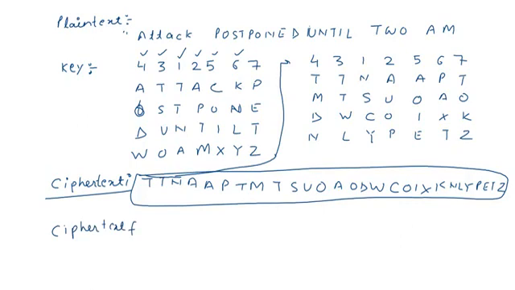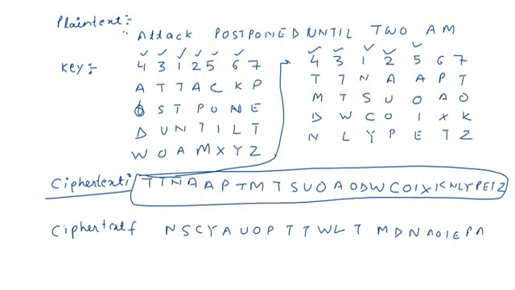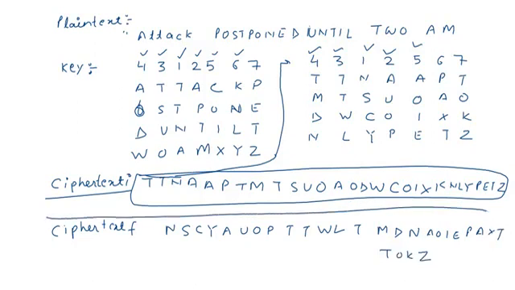Now we will read it column wise, starting from the first column. So it will be N S C Y A U O P. Now we will read the third column, T T W L. Then we go to the fourth column, T M D N. Then the fifth one, A O I E. Then the sixth one, P A X T, and then the last one, T O K Z. So this is how we will get the final ciphertext.